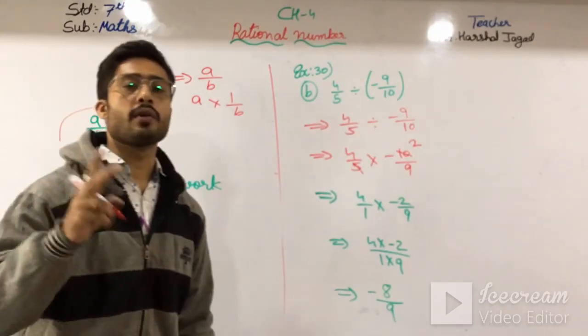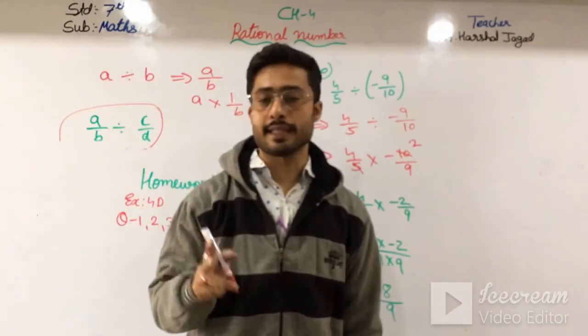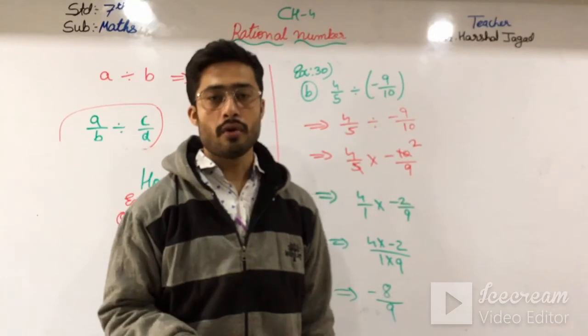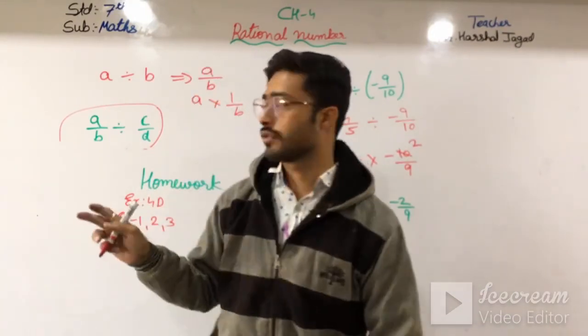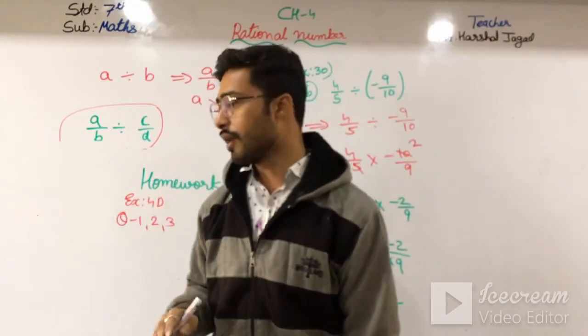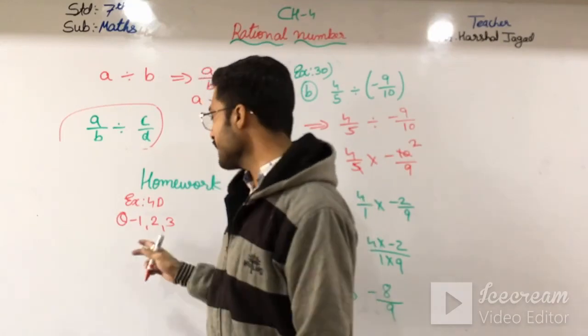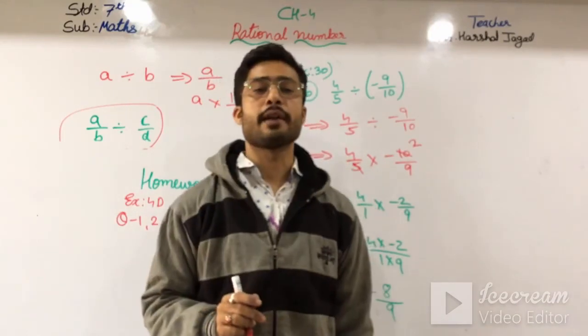From question number 2 and 3 I will solve 2 or 3 sums in the next video. From question number 1 I will solve 2 sums, and 2 and 3 you have to try at your home.